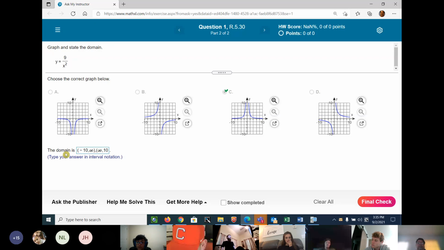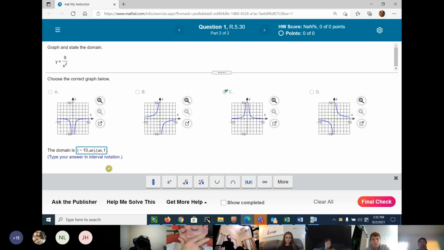The domain is -infinity to +infinity. Okay, but you can't use 0. I'm sorry. -infinity to +infinity, but you can't use 0. So that would be parentheses -infinity to 0.